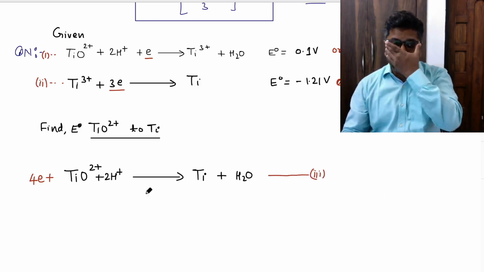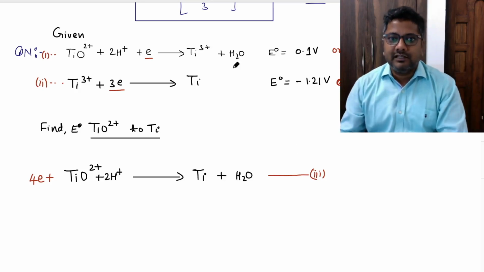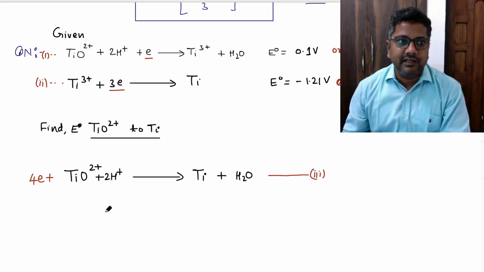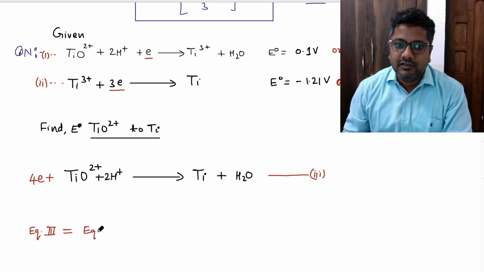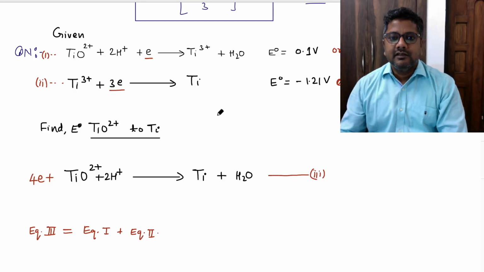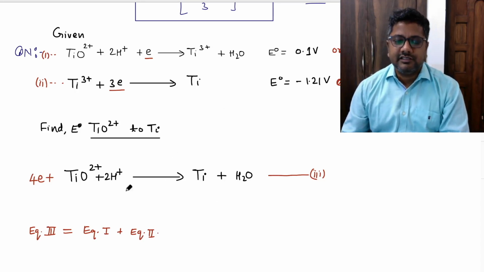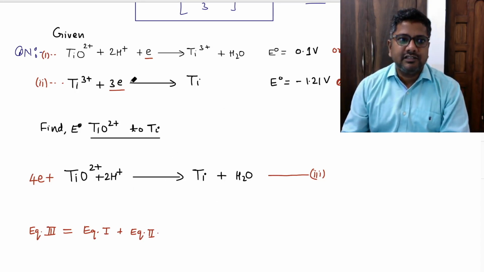So how to get E naught for this? We are getting this equation 3. Equation 3 is equal to equation 1 plus equation 2. So this equation is the result of the addition of these two equations.